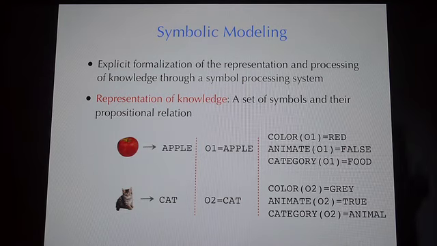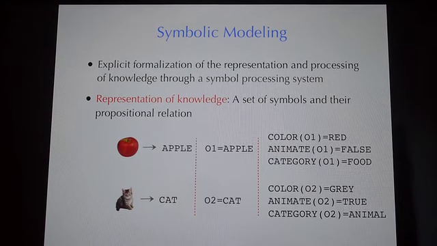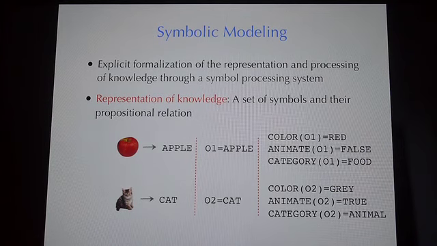It's not an animal or a human, and it has to be a physical object. The category of object 1 is food. And similarly, we have appropriate attributes for object 2. So this is how what our model knows about the world is represented in a very explicit way.